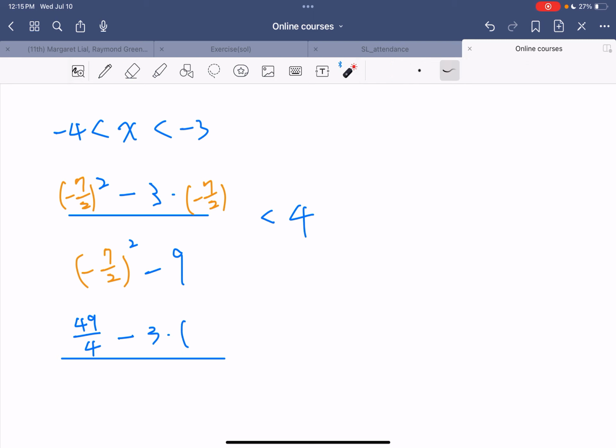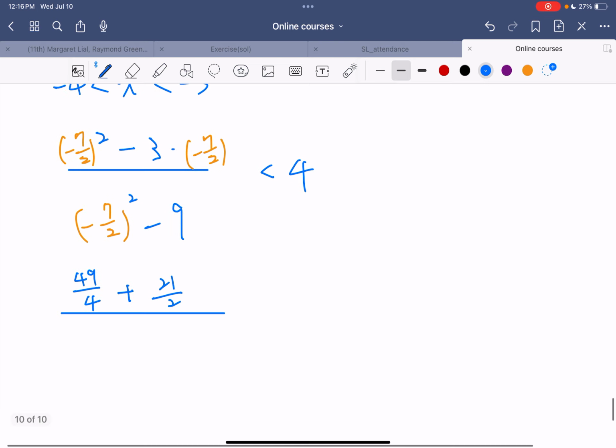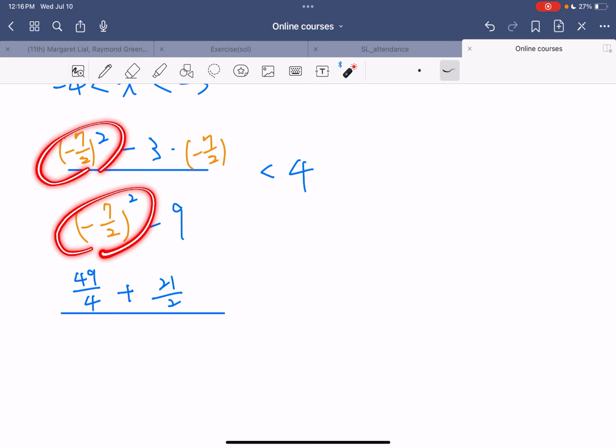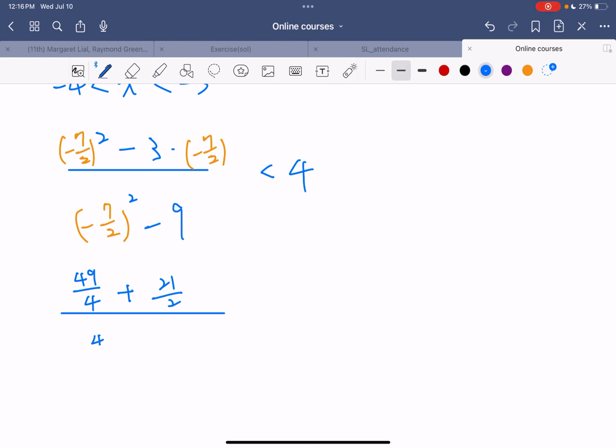Okay, so here we got 2 negative signs. We can change this into positive. And then 3 times 7 is 21. We get 21 over 2. And in the denominator, this part is same as this part. So we can directly write 49 over 4 minus 9.